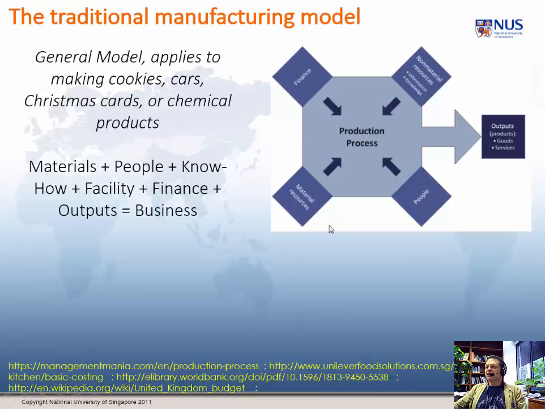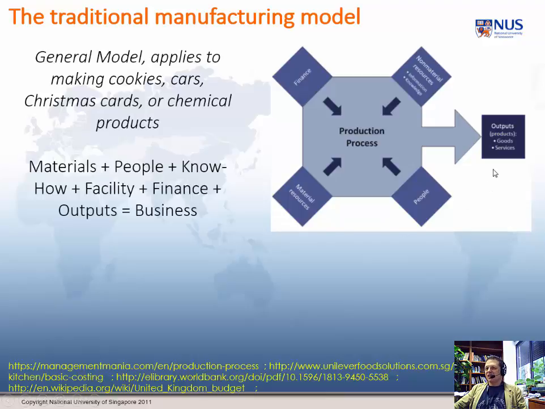You need material resources. That includes not only your ingredients that you're putting in to make your product, but you're also going to need them to make the place where you're going to make things, the factory or however. You're going to need people, and some of the people have the know-how, some have the knowledge, and it's a group undertaking making anything.